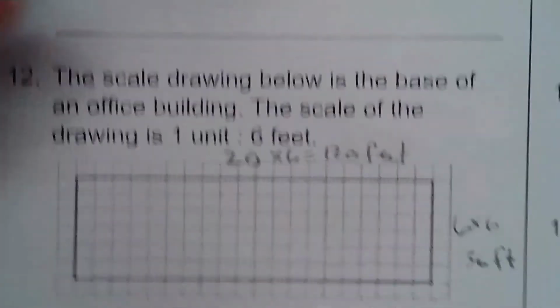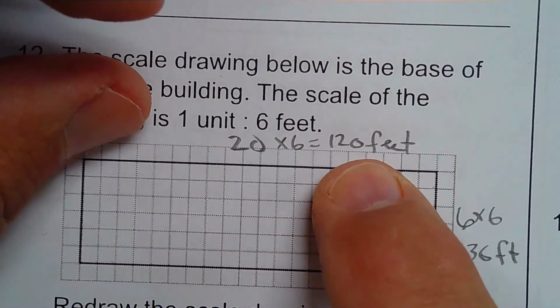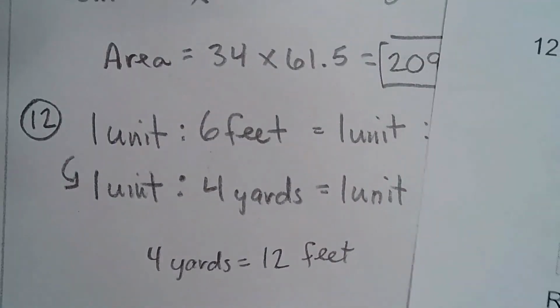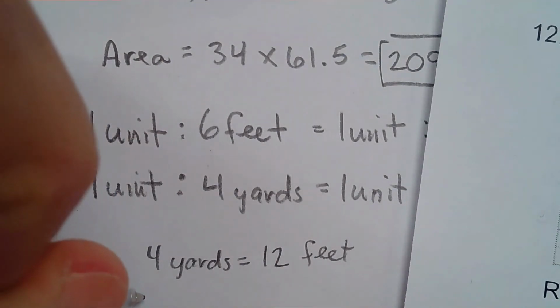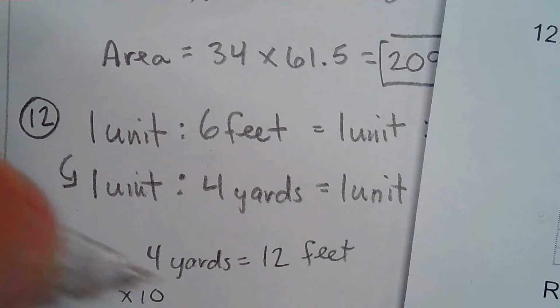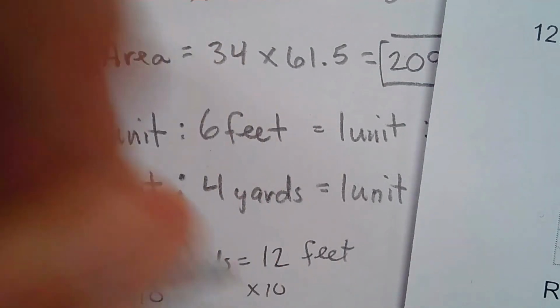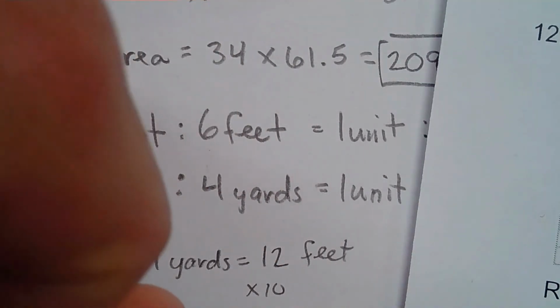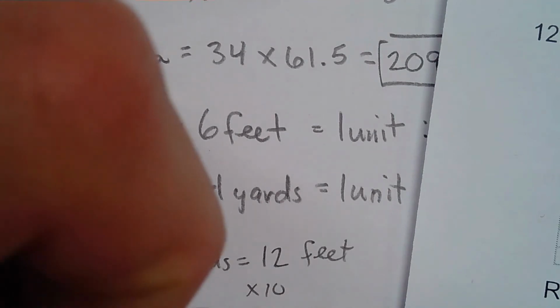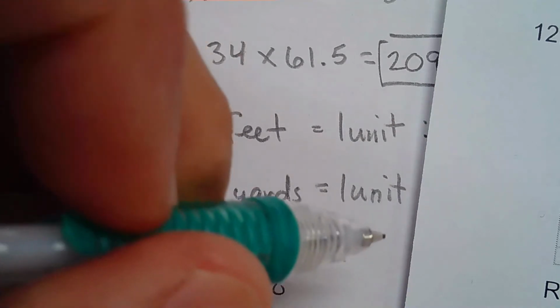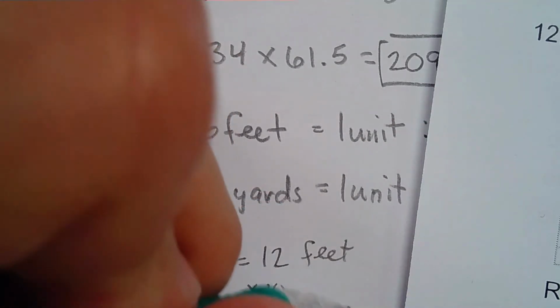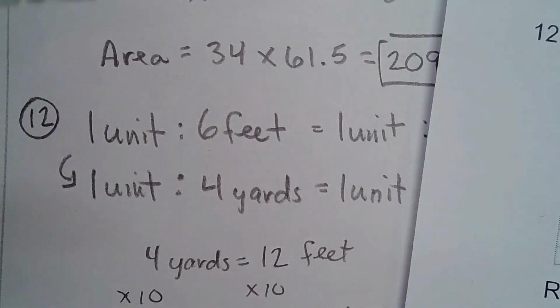So let's see, that's 12 feet. So if I multiply that times 10, that would be 40 yards is equal to 120 feet. I hope.